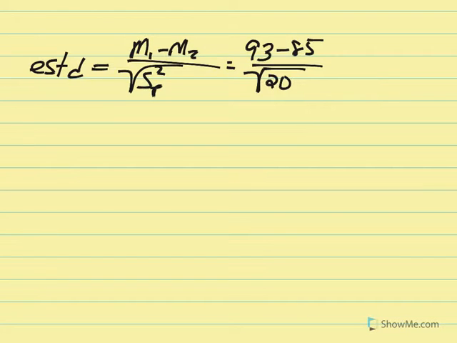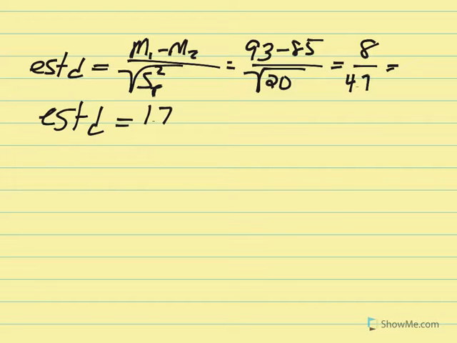So in our calculators, go ahead and compute 93 minus 85. Again, that's 8. And then 20, we take the square root of 20, and if we round, we get 4.7. And our estimated d then, 8 divided by 4.7, we should get 1.79.